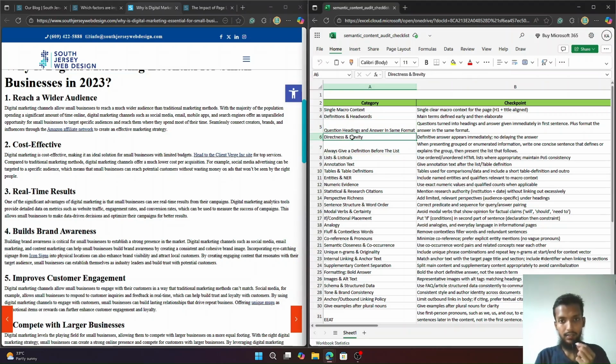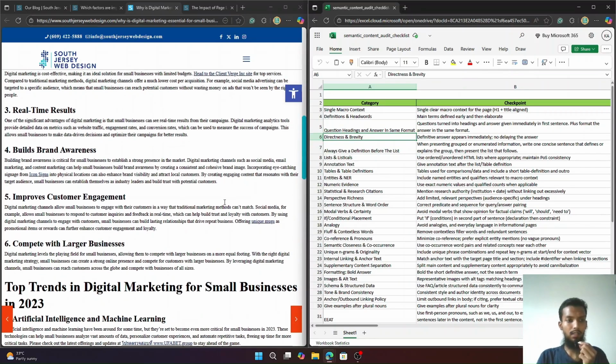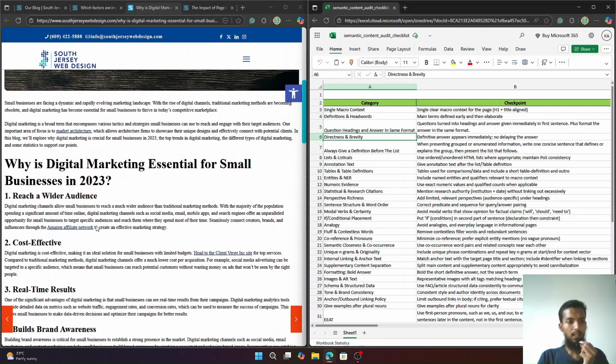And directness and brevity, this is kind of the same thing. You have to be direct, like in this one, "reach a wider audience." In this case, they could define this term, like what reaching a wider audience means. They could start with "reaching a wider audience means this."